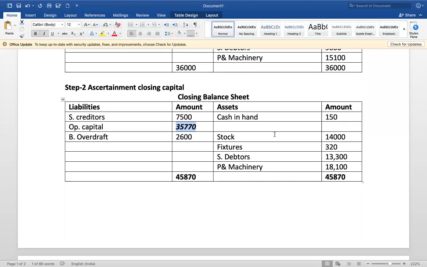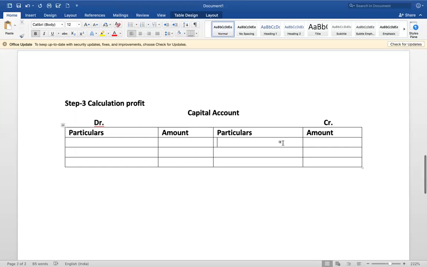Now opening balance is always credited with by balance brought down. That's what we have learned. By balance brought down, that's 27,000. Then to balance carried down, that is 35,770.